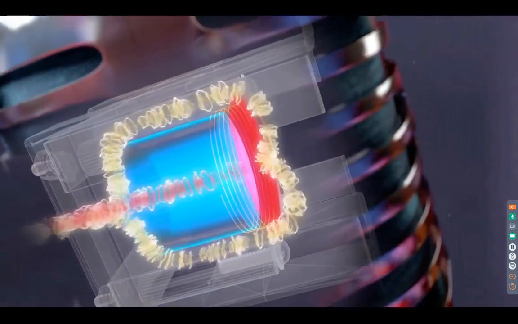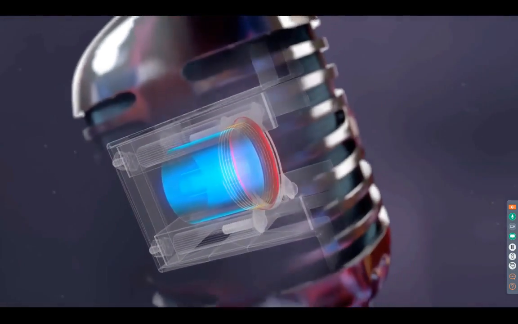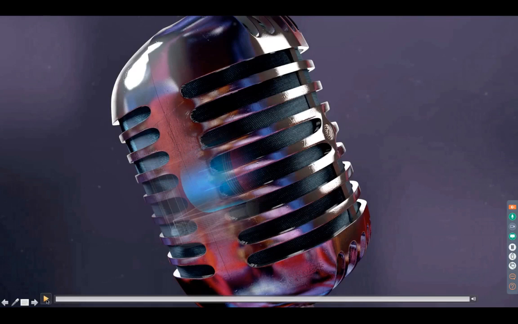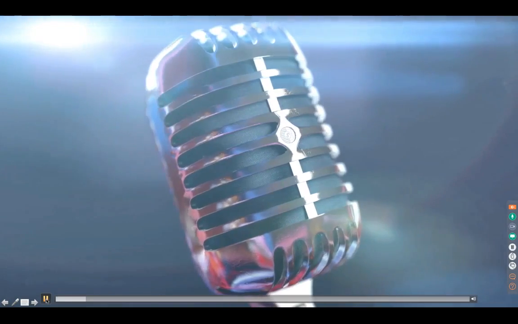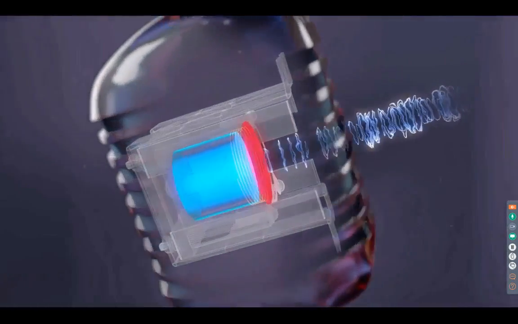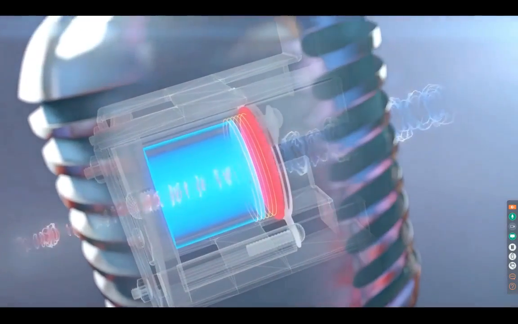Sound strikes the front and the back of the diaphragm at the same time, and that diaphragm doesn't move. It cancels out. And that's how we get rejection. That's how everyone gets rejection, basically, in a dynamic mic. I'll play that again one more time. And this is the uniphase principle at work in the Unidyne microphone, which gives us rejection in a mic.